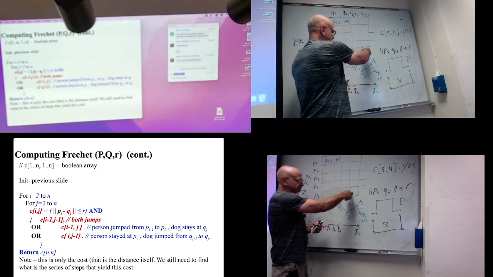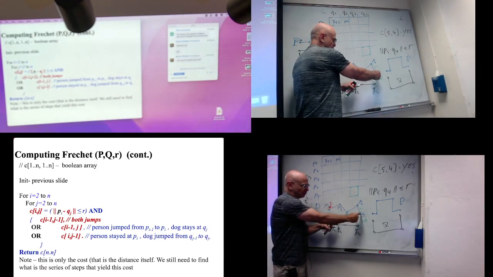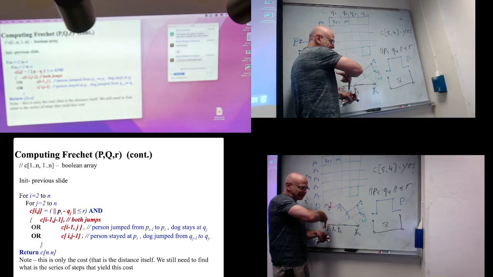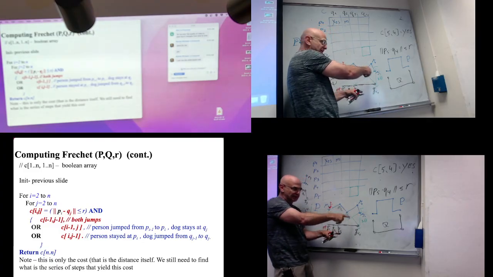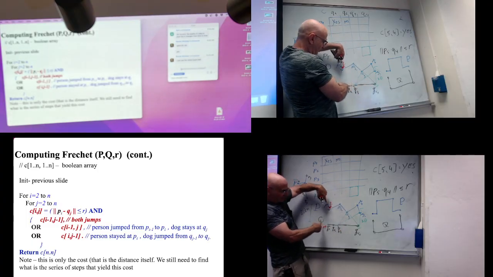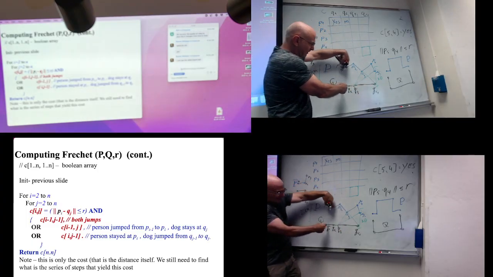So what's the rule of the condition? When can I say that this is yes? I pass the first condition on the distance. One step ago, what was the necessary condition so that I can do the whole schedule with a leash of 20 centimeters?